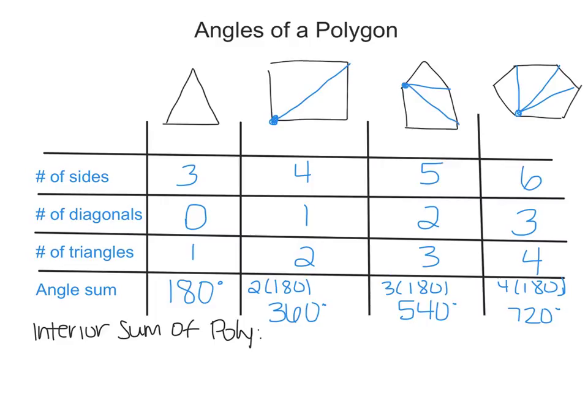I have 3 and 5, 4 and 6. Do you notice a pattern? Well, we are taking the number of sides and subtracting 2 and then multiplying that by 180.